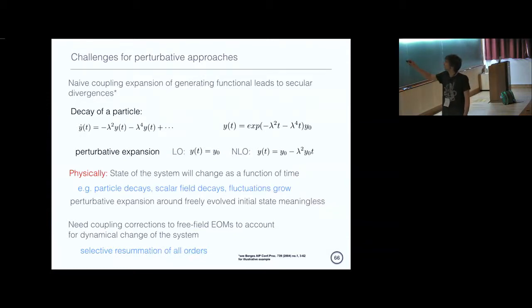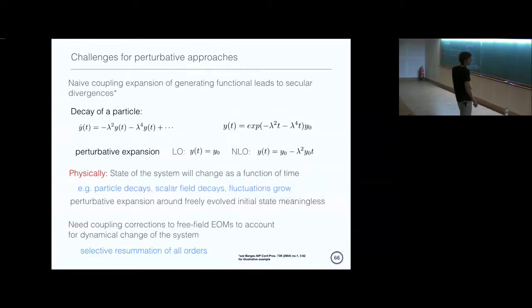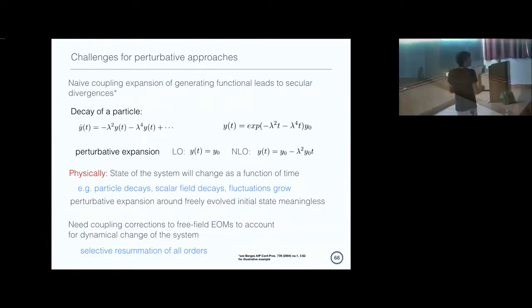In a sense, the answer is also to a certain extent written here. What we have done in getting to this kind of answer is we have not considered this entirely perturbatively, but we have perturbatively computed the corrections to the equations of motion.